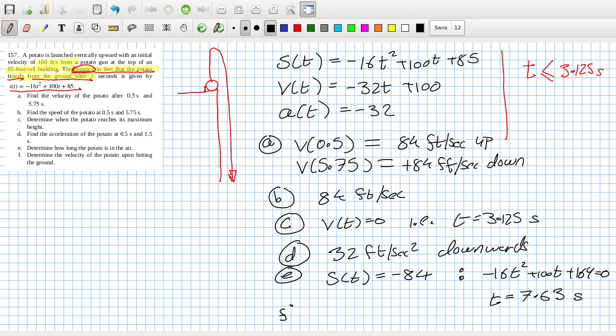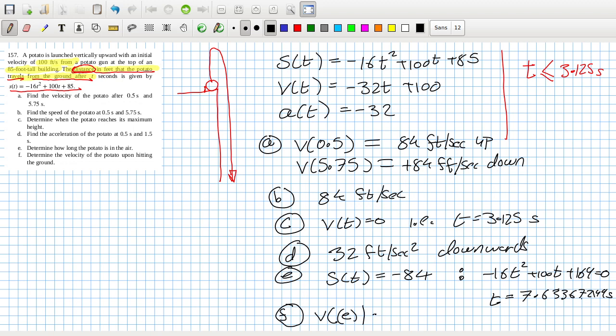F, determine the velocity of the potato upon hitting the ground. So we just want to calculate v of the answer from E. Okay, so minus 32 times that plus 100.